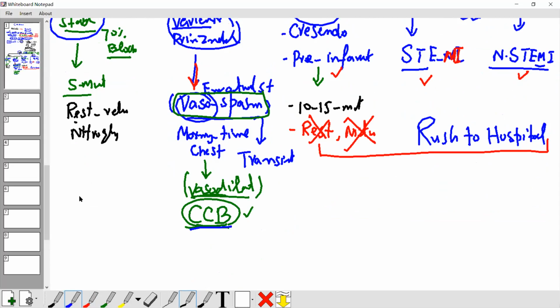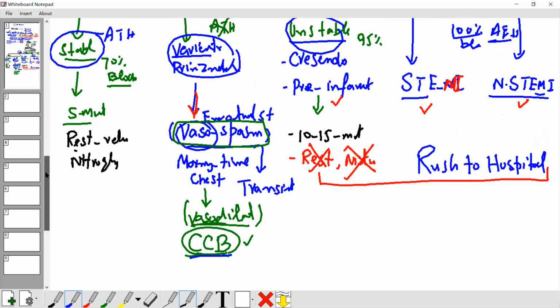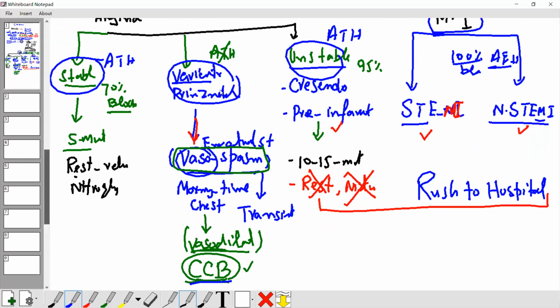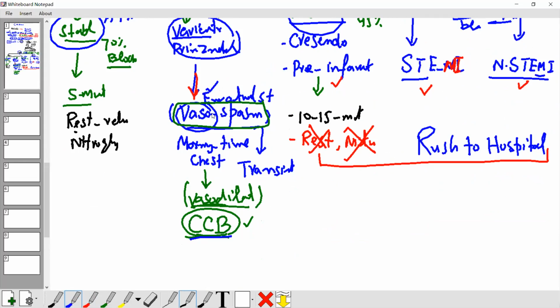What's the problem here? Any drug abuser can have Prinzmetal variant angina. One cause I already told you is emotional stress, sad or bad news.